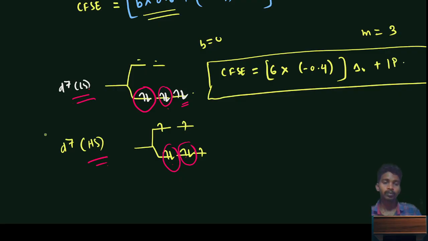So in this way we check both cases. For the electronic configuration of D7, there are two possibilities, either low spin or high spin. If you do low spin we do it like this, and if you do high spin you do it like this.